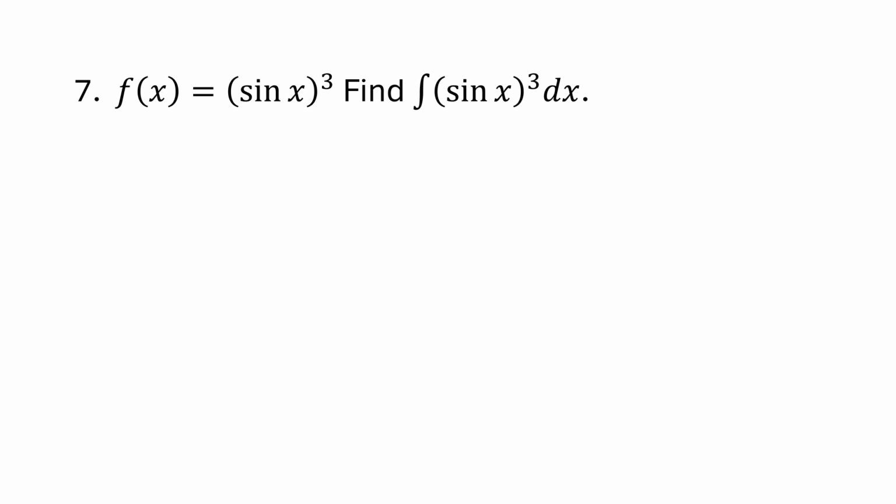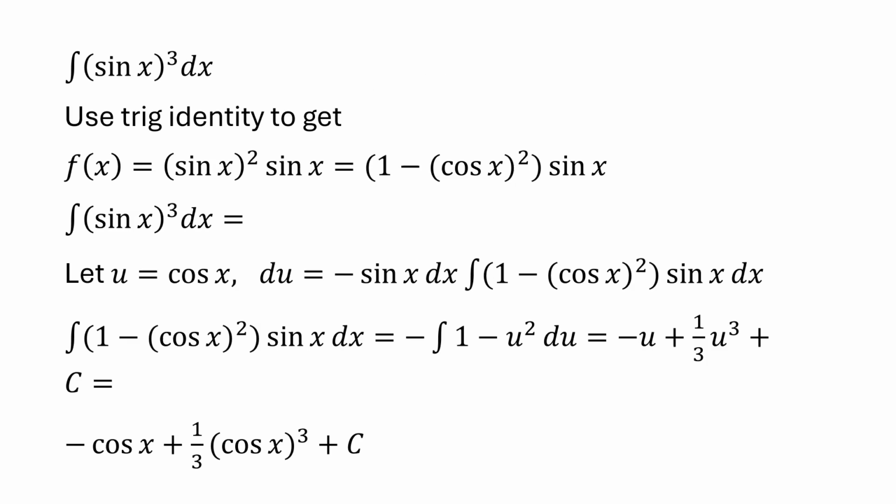Okay, now f of x equals sine x cubed. Find the integral of sine x cubed dx. So we're going to use the trig identity that the sine square is 1 minus the cosine square. It's usually written sine square plus cosine square equals 1.